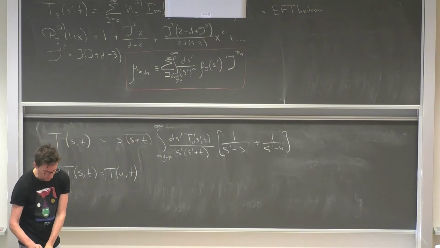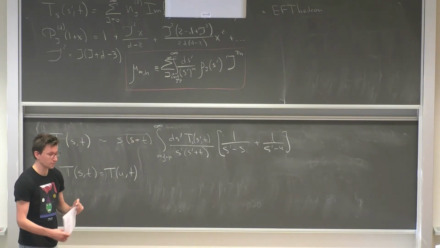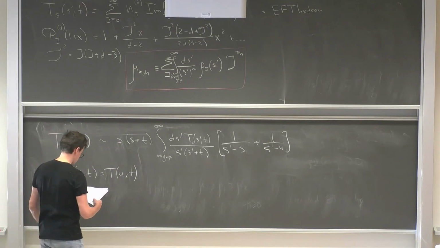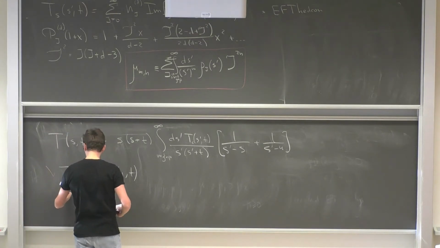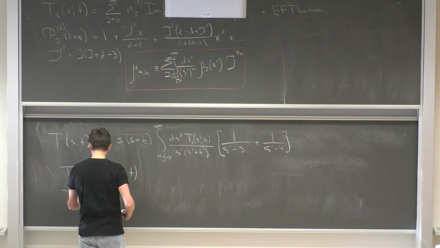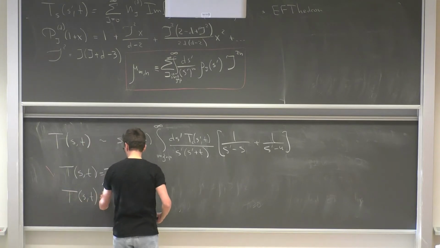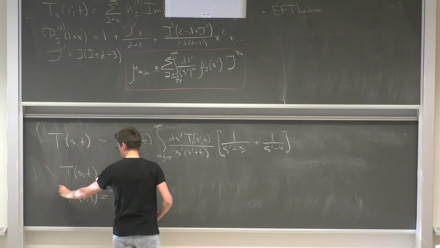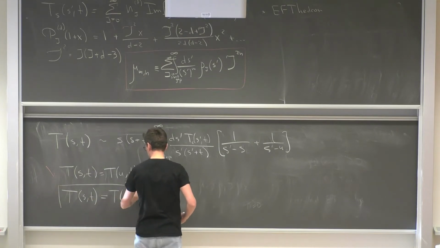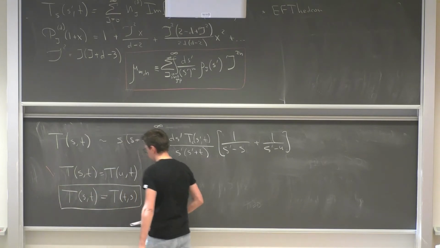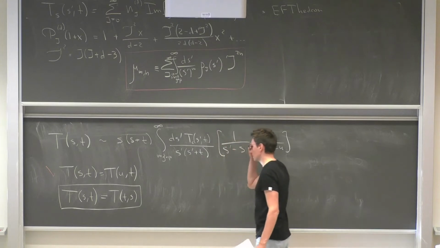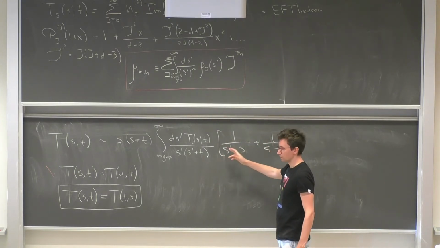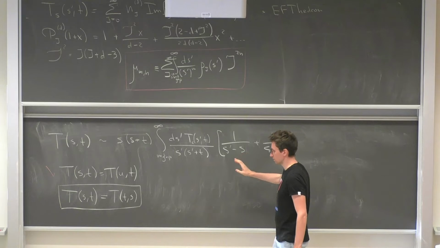However, remember, if we have identical particles, we have another crossing relation. This other crossing relation states that A of S, T is equal to A of T, S. And as you can see, if you try to do this change, the formula changes.